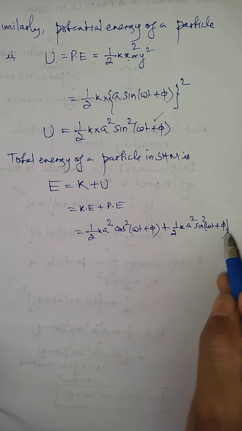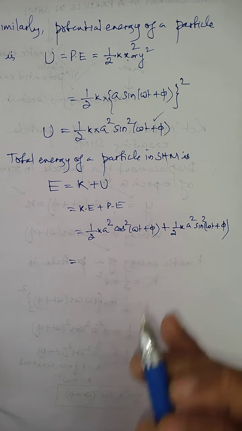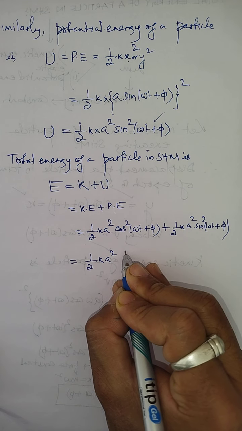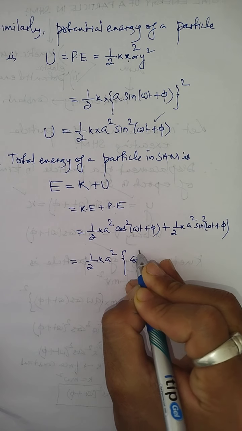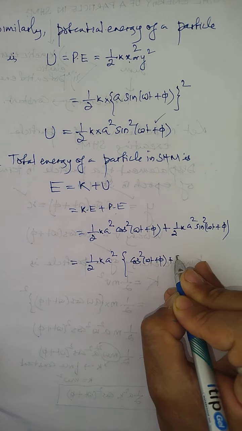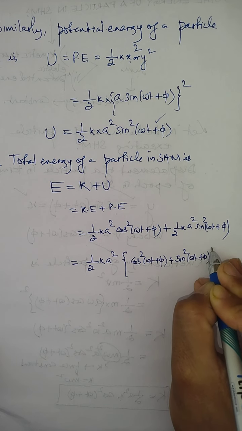Now you can clearly see in the relation there is a common factor: half k A square is common. So inside the bracket I write cos square (omega t plus phi) plus sine square (omega t plus phi).